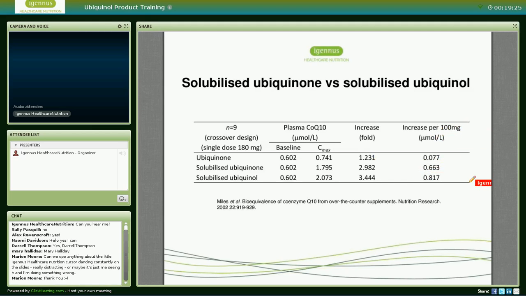But if we look at the solubilized ubiquinol in relation to the solubilized ubiquinone, again, solubilized ubiquinol fares the best out of the 3. And again, we see an increase as the bioavailability increases as well. So we know that ubiquinol is more bioavailable than ubiquinone, and we also know that solubilized ubiquinol is more bioavailable than solubilized ubiquinone.